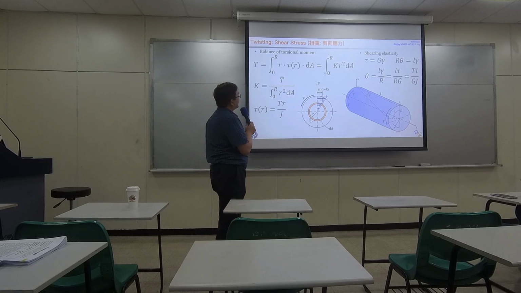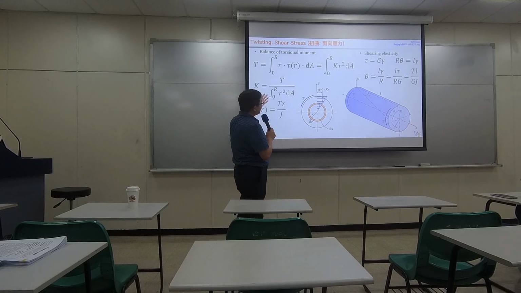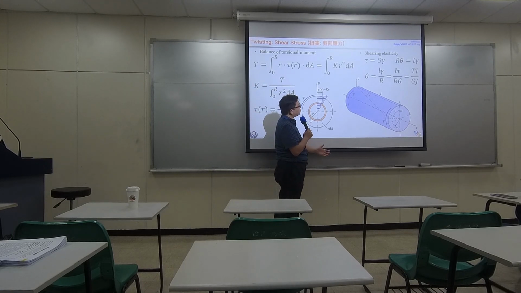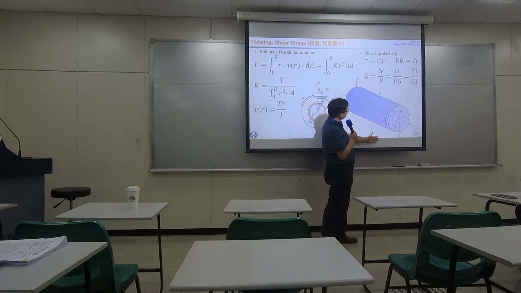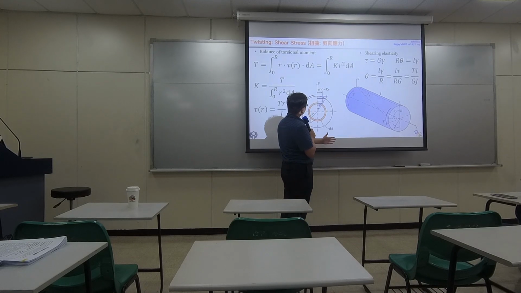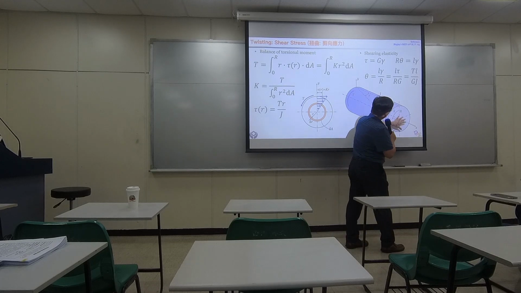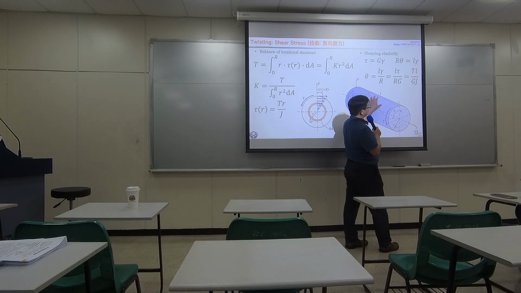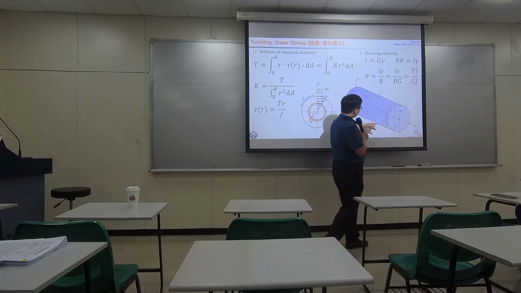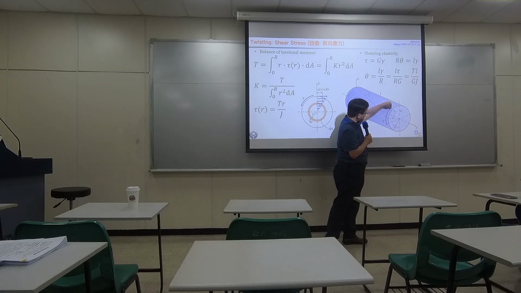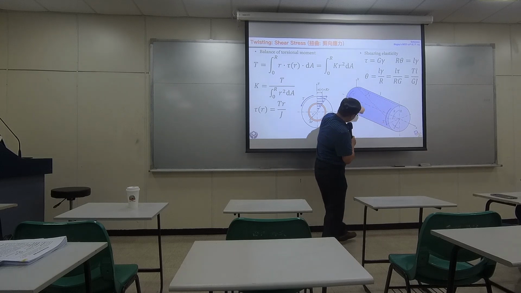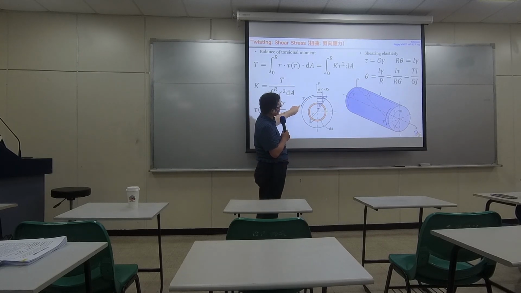Now, same trick. If we make a cut of the material in half, it's like we cut in half and we are working with the piece in the front. So there is a counterclockwise torque going this way, so that's this guy.